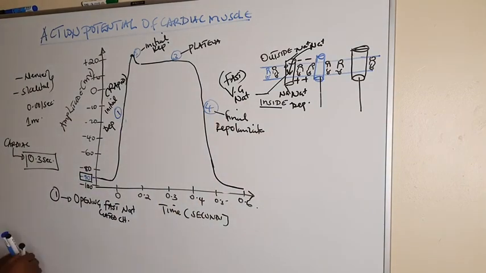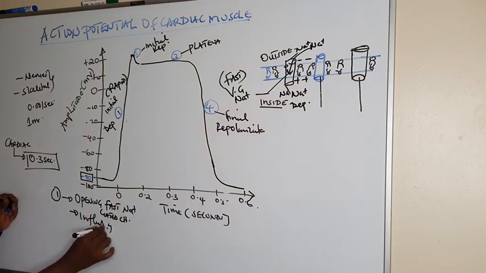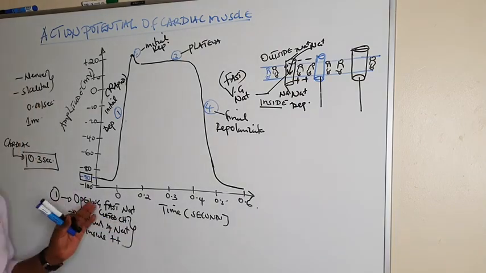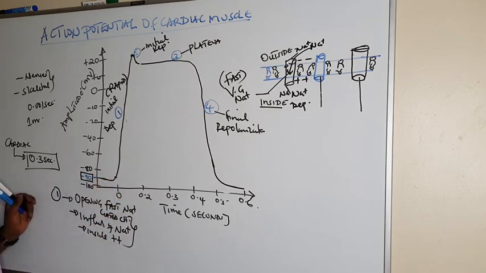When they open, they cause rapid influx of sodium ions, causing the inside of the cell to become positively charged, and hence propagating an action potential, hence firing. So this is the firing point.